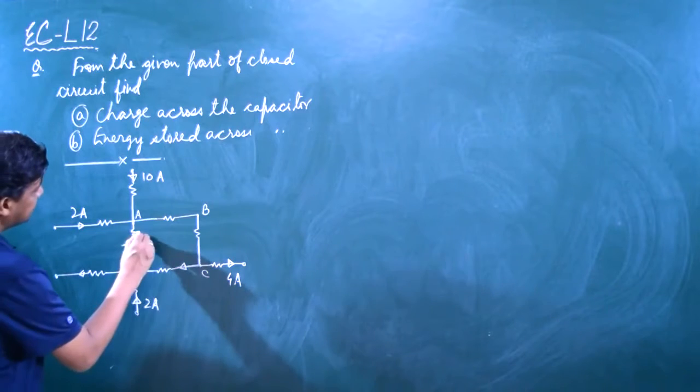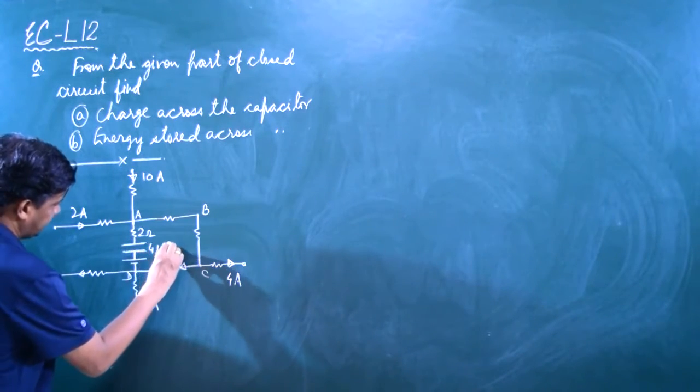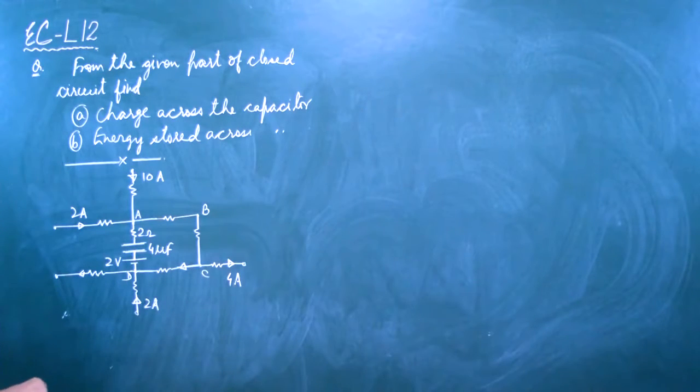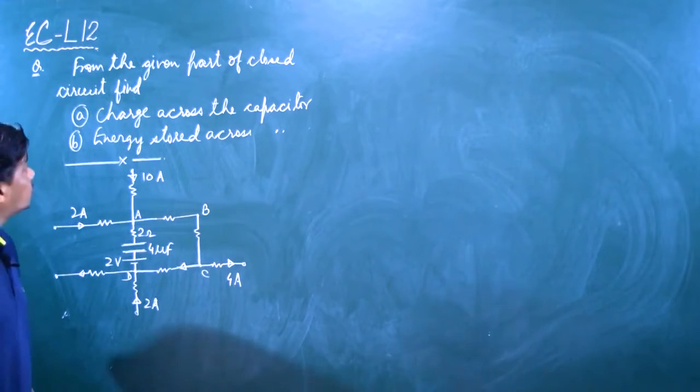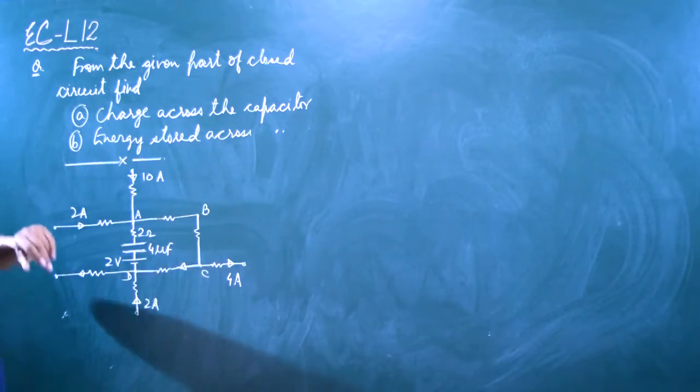Okay, this resistance we have 2 ohm, this capacitance is 4 microfarad, and this voltage is given, cell potential has been given 2 volt. Okay, so from this part of closed circuit you have to find charge across the capacitor and energy stored across the capacitor.